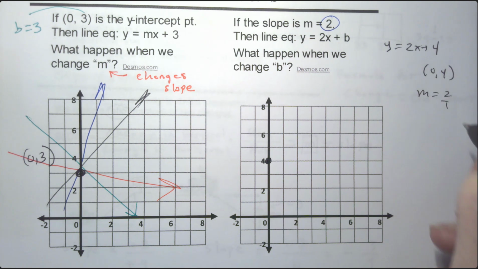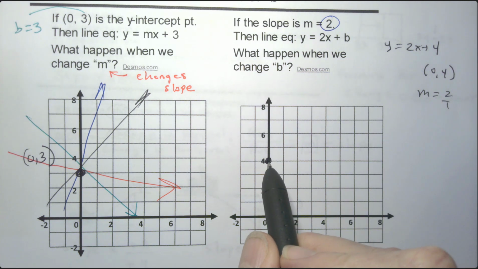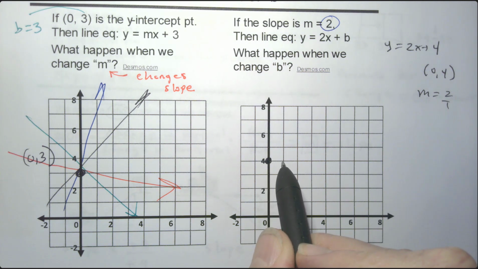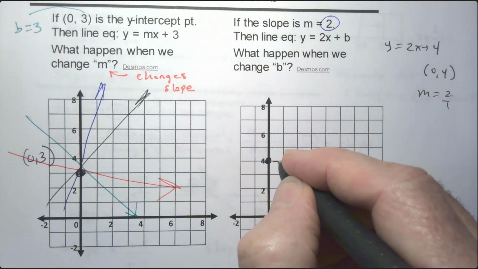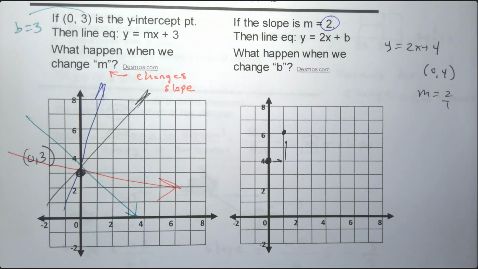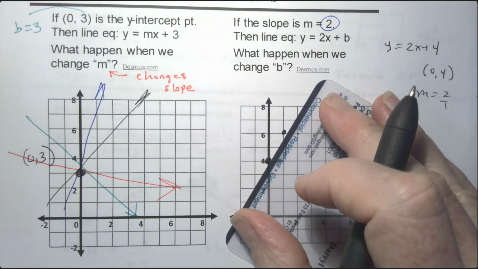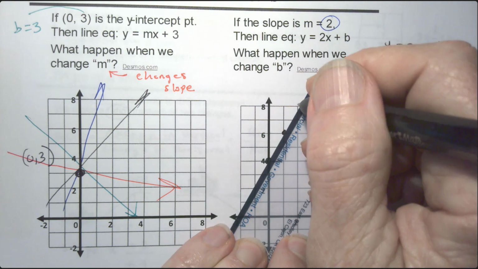M is 2 over 1. That means the next point is going to have a run of 1 and a rise of 2, up 2. I can use the slope to count over 1 and up 2 to take me to the next point. And that would be my 2 points that I need for this graph. And I got a line.